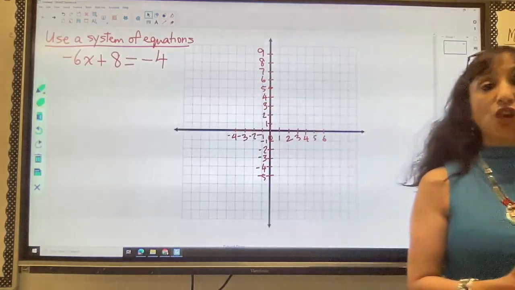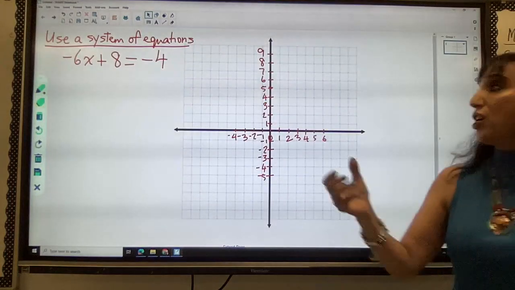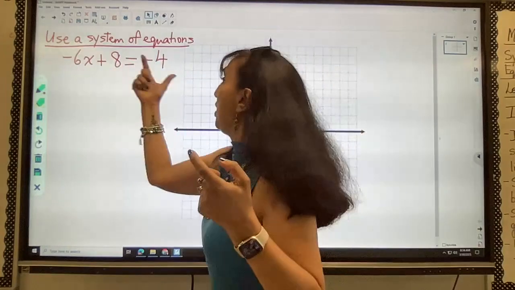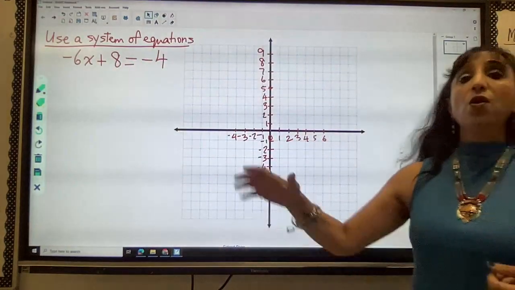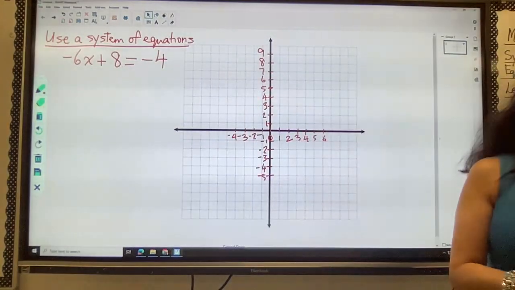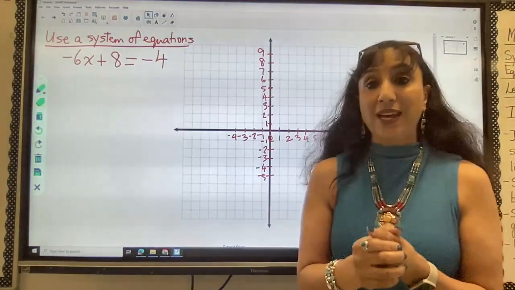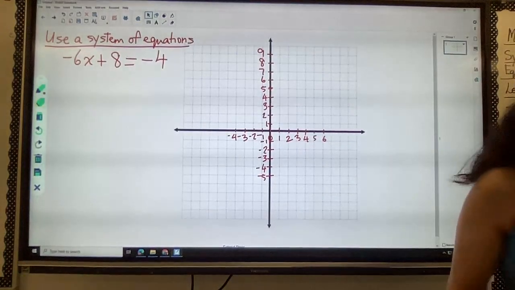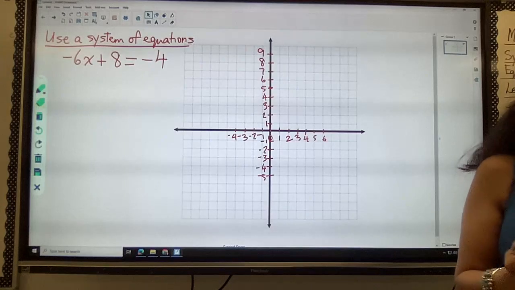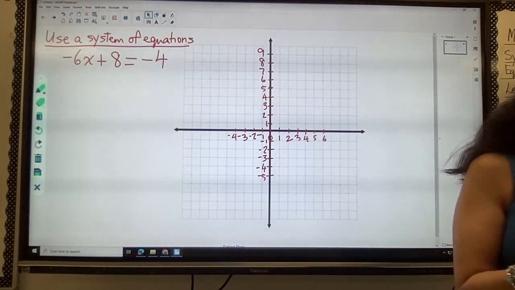Okay, and so once again we're going to write a system by setting each expression over here equal to y. And then we are going to graph the system, and then we are going to find the intersection. So based on what I just said, we are going to set each side equal to y.